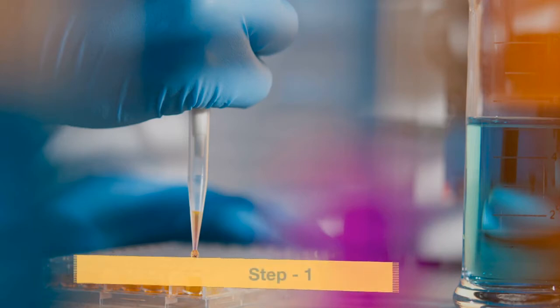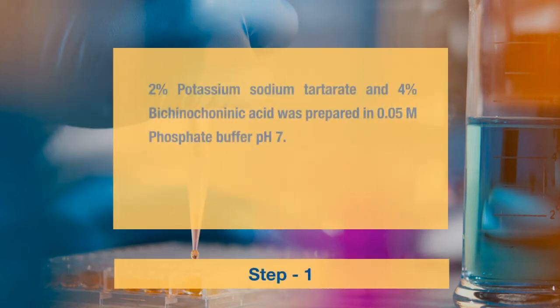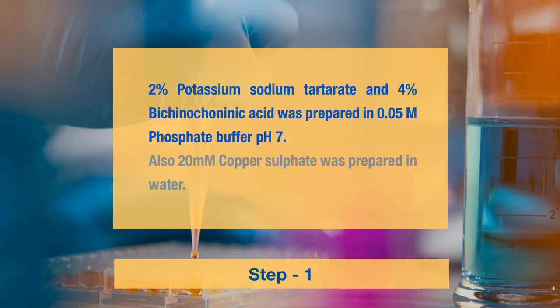In procedure, in the first step, 2% potassium sodium tartarate and 4% bicinchoninic acid were prepared in 0.05 molar phosphate buffer at pH 7. Also, 20 millimolar copper sulfate was prepared in water.